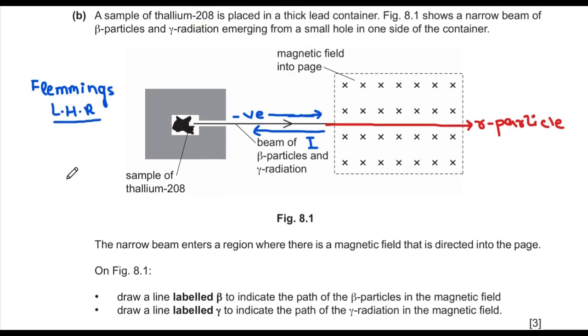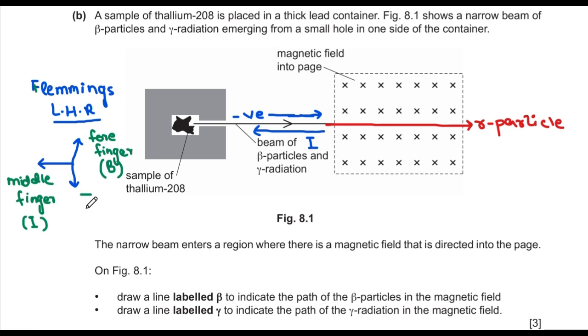So using Fleming's left hand rule, if current is moving in this direction, you will point your middle finger towards the left side of the page and you will direct your forefinger towards the page. That would represent the magnetic field and you'll see your thumb will point downward, which represents the direction of force on these negatively charged particles. So downward force will deflect the beta particles in this pattern.